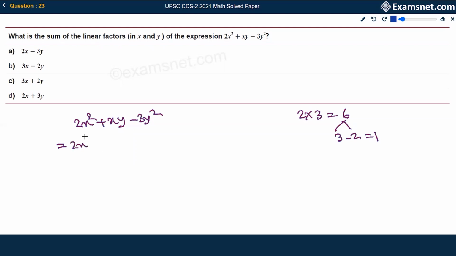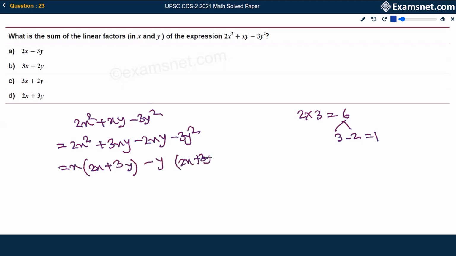So now we can balance it this way: 2x squared plus 3xy minus 2xy minus 3y squared. 2x plus 3y, minus y, 2x plus 3y. Okay, so that means we can write (2x plus 3y) and (x minus y). These are two linear factors.